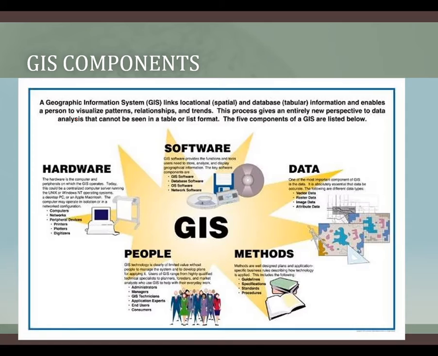Okay guys, here is another picture that shows the five, and I will just leave you to read it. So here with the definition of GIS, we can see the hardware, software, data, people, and some methods: guidelines and specs, standards and procedures to analyze the data. And it's the way people here are trained to do GIS.